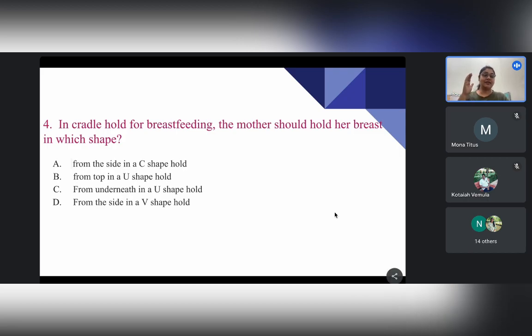Say the mother is feeding the baby from the right hand side, and her right hand is being used for supporting the baby in a cradle hold. So her left hand will now be used for the breast contouring, right? If she is holding her baby, definitely she will not be able to give the support or do the contouring of the breast from beneath.